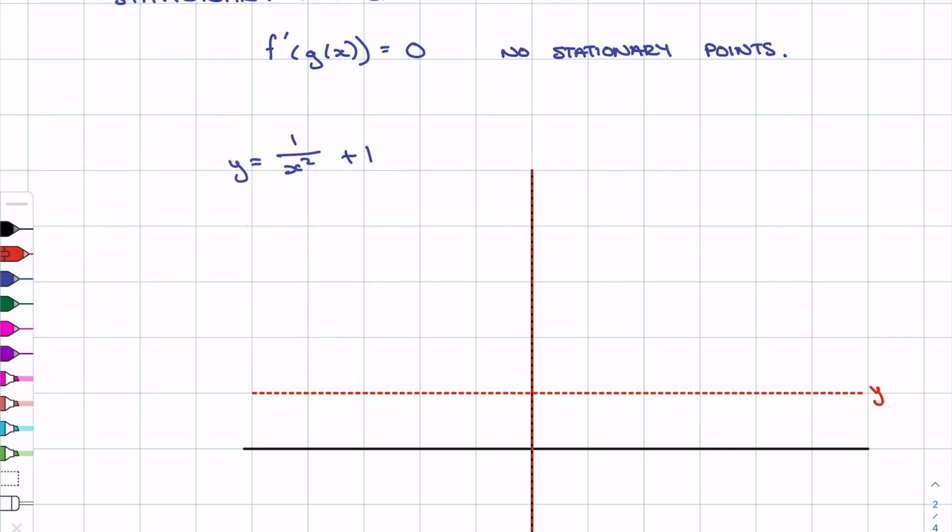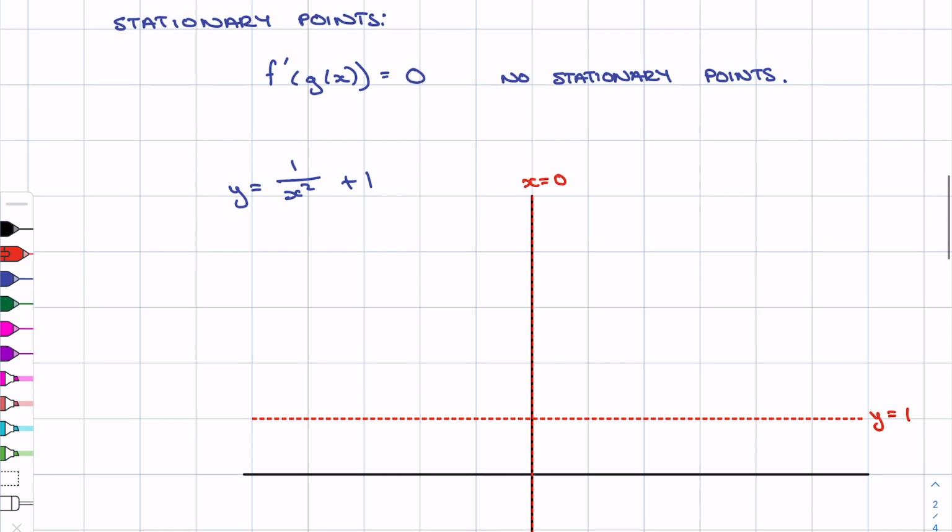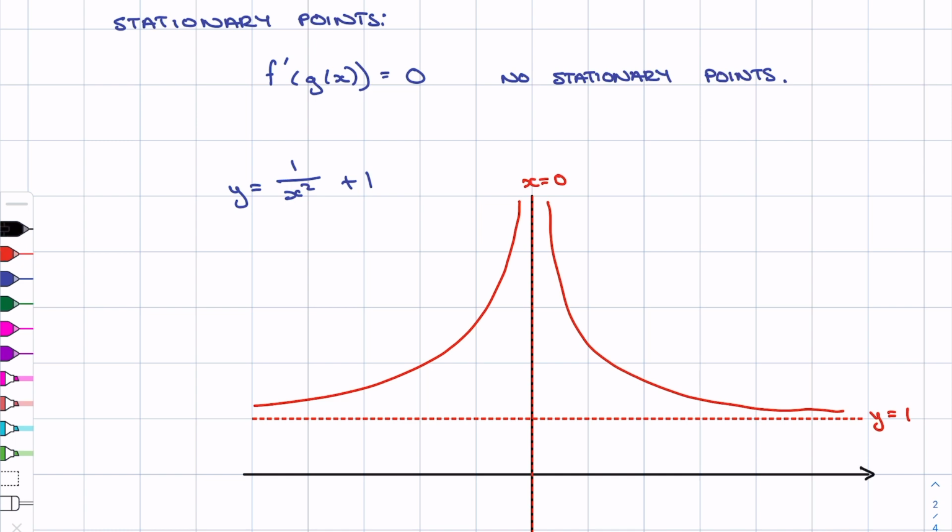So I'm going to say y equals 1, x equals 0. I can see here that it's a function with a truncus form. Therefore, I can get a sketch. It looks like that. And that gives me a clear sketch of the composite function.